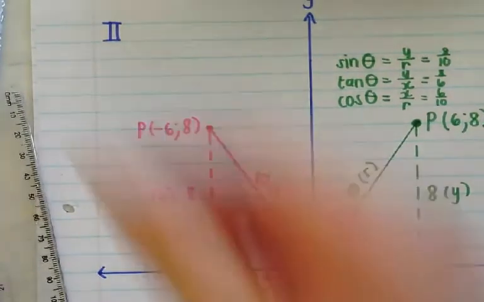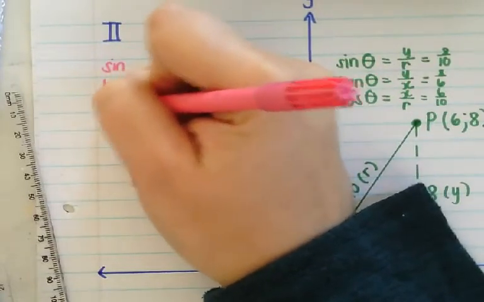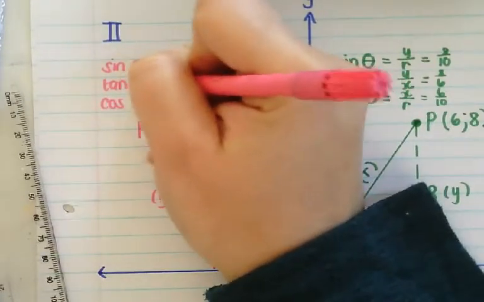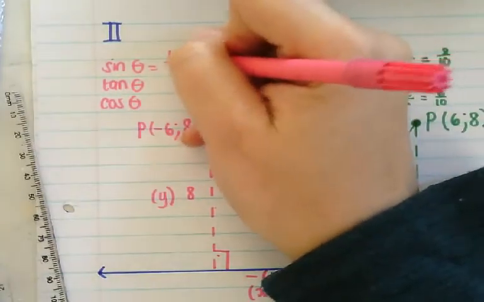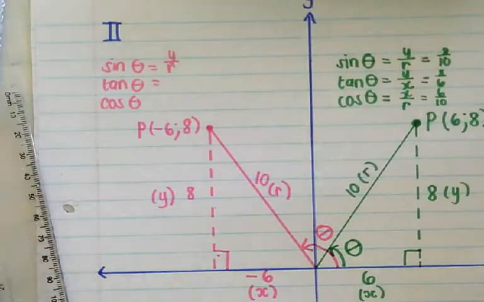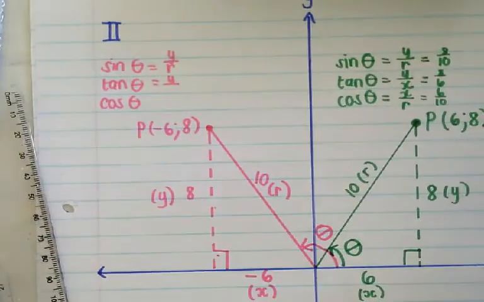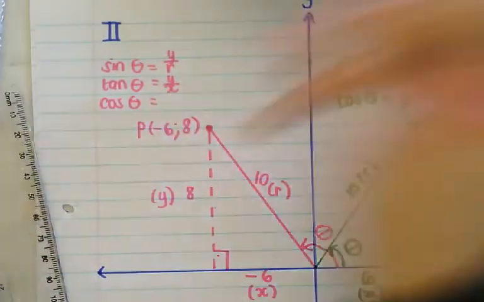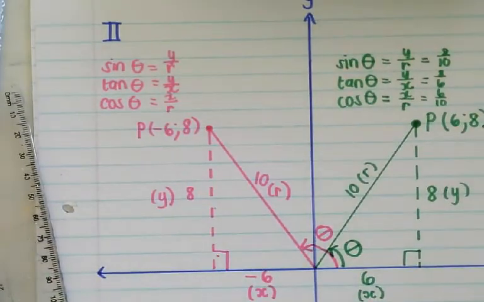So we would say sine theta, I'll keep the order that we had before. So opposite is y, hypotenuse is r. Tan opposite is y, adjacent is x, and cos adjacent is x, and hypotenuse is r. So my ratios haven't changed, right? The letters x, y, r are still the same.